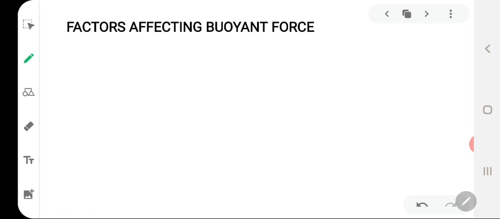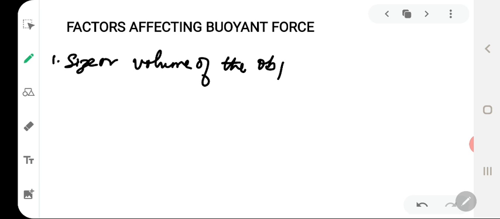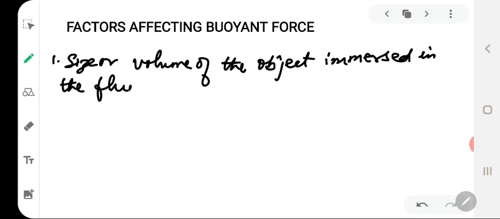Now an important question arises: what are the factors affecting buoyant force? The magnitude of the buoyant force depends on some parameters. The first one is the size or volume of the object immersed in the fluid.